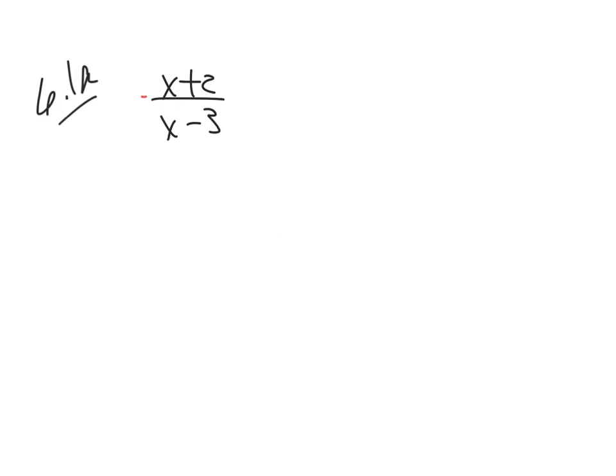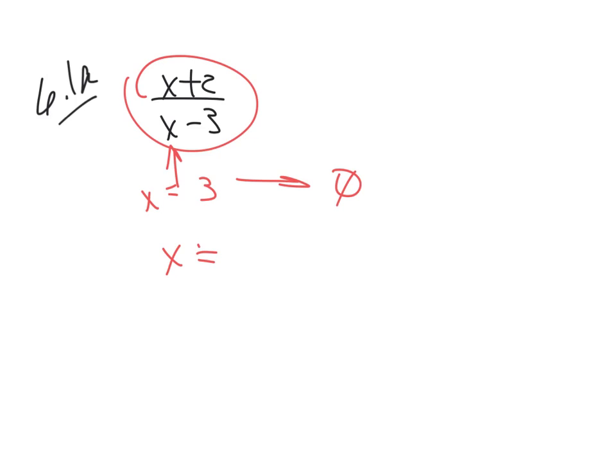So in order for this answer to not exist, x would be equal to 3. When x equals 3, the answer here is the null set. The answer does not exist. So we don't want to use 3 as the answer. The answer can be anything else, but it cannot equal 3 because that makes my denominator 0.